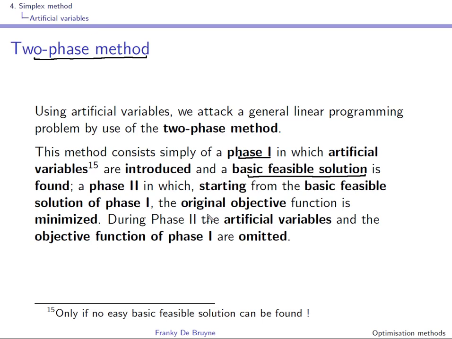And then we start phase 2, in which we remove the artificial variables, we remove the artificial cost, and we use the cost of the original problem. And this leads to a second linear program that will lead to the solution of the original problem.